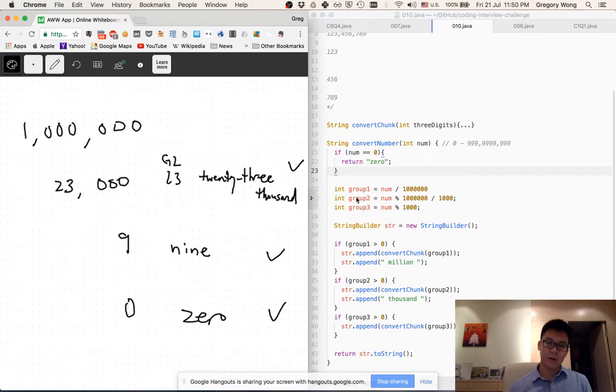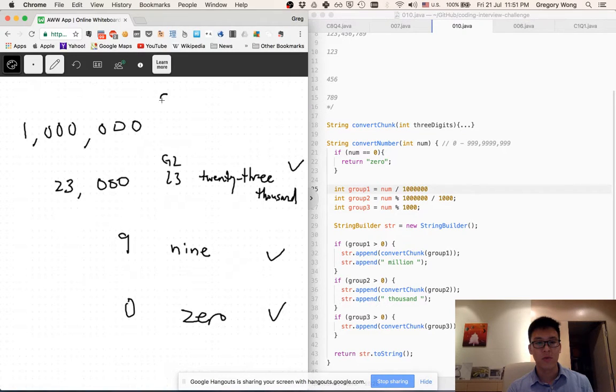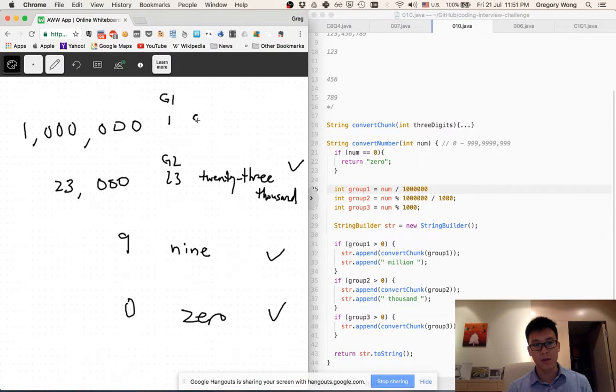1 million. So we go through this again. The number is not 0. Group 1 is the number divided by 1 million. So group 1 is 1. Group 2 and group 3 are 0. So if group 1 is not 0, then we convert group 1 into a chunk and append it to the string.